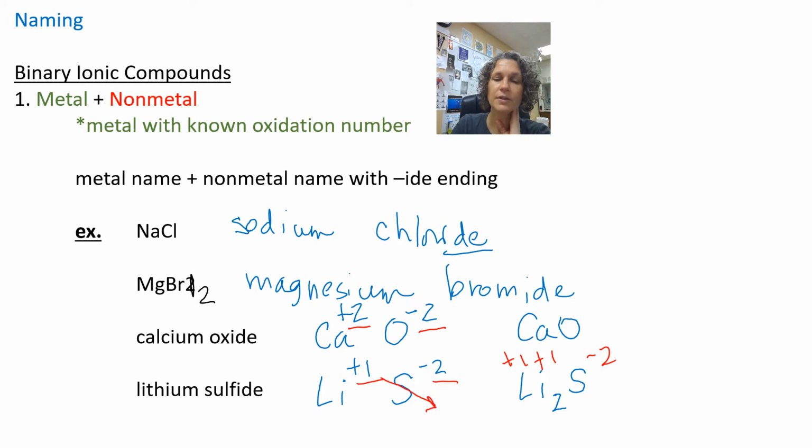And so the 2 from the sulfur will cross over to the lithium, and the 1 will cross over to the sulfide, so you get Li2S. In very rare cases, that doesn't work automatically. You may have to reduce your oxidation numbers, which I know sounds confusing. What in the world am I talking about? But we'll do examples in class, and you'll get the hang of it, I promise you.